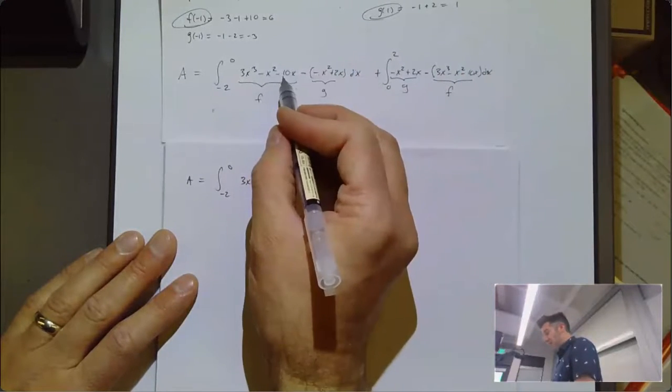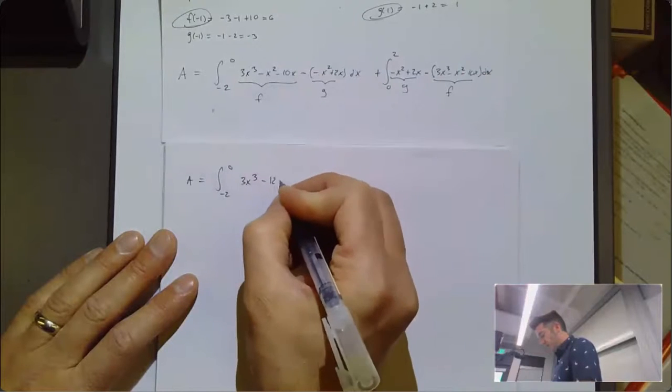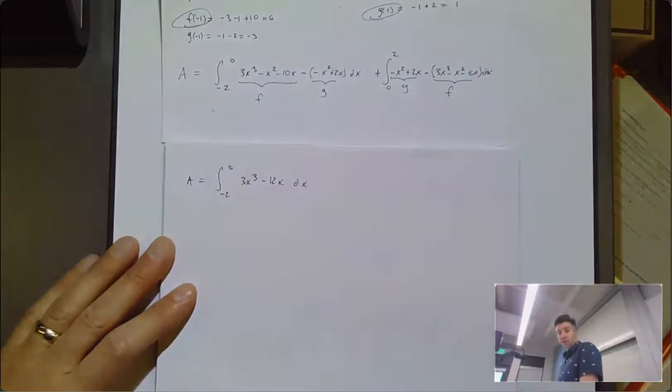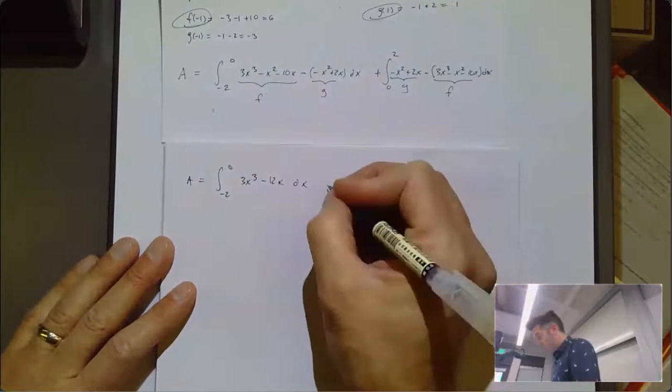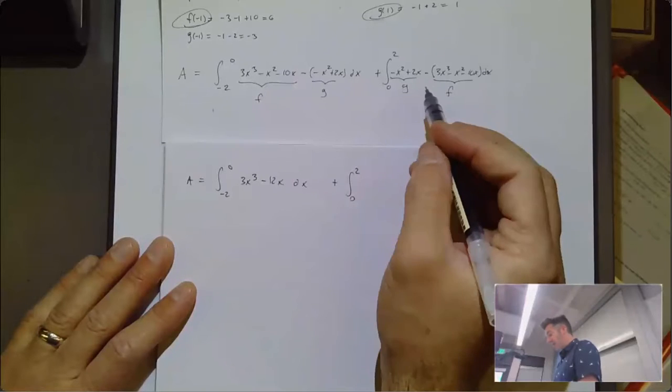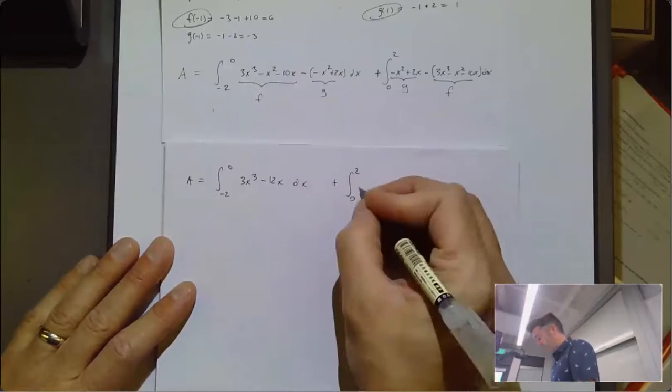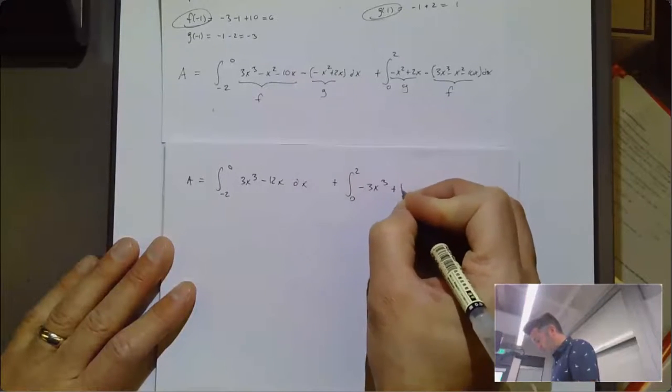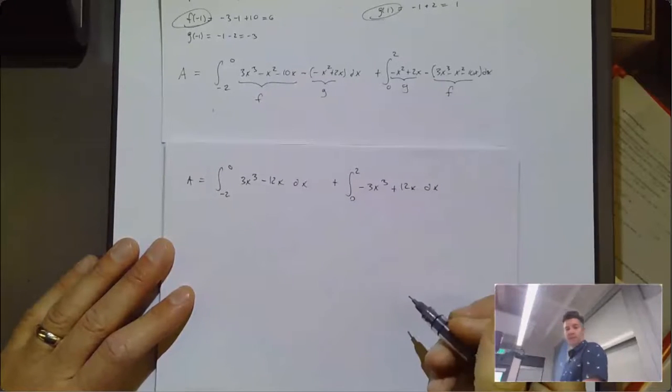And then the minus 10x minus 2x is minus 12x. And here's the nice thing to know. When you subtract things in the opposite order, they're the negative of each other. So g minus f is just going to be negative 3x cubed plus 12x. It's an easy way of doing that.